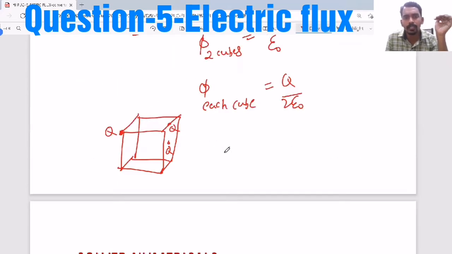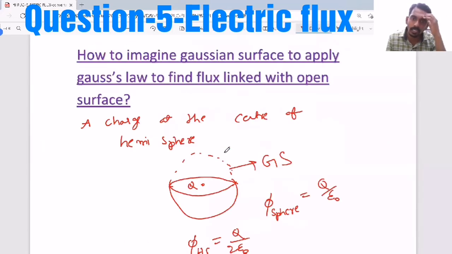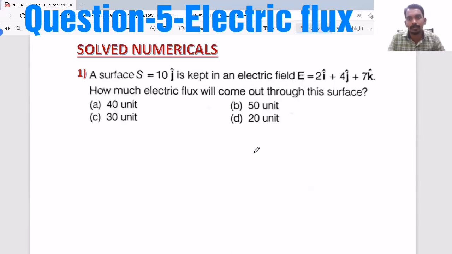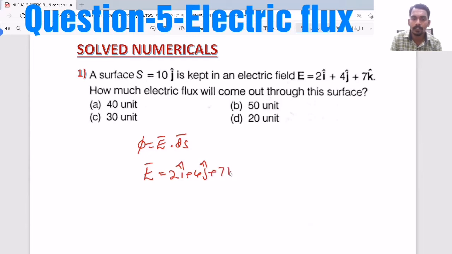Now, let's see based on these simple formulas how we can calculate the flux. Let's see a few questions. So the very first question here, as I said, can be asked based on the mathematical equation, that is flux phi equal to E bar dot dS bar, or E bar dot A bar, where they have given E bar is 2i plus 4j plus 7k and the area vector is 10j cap.